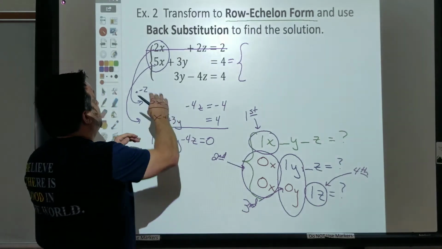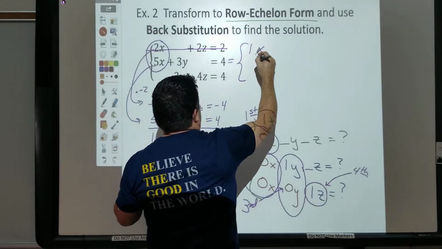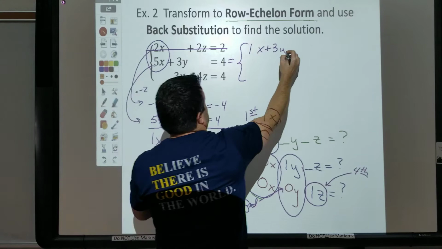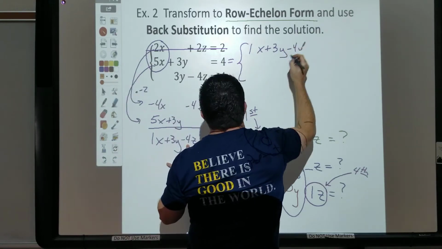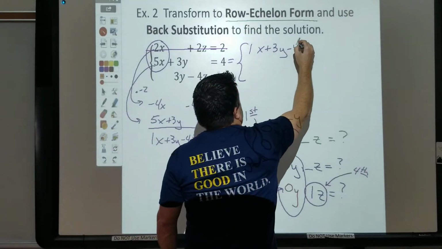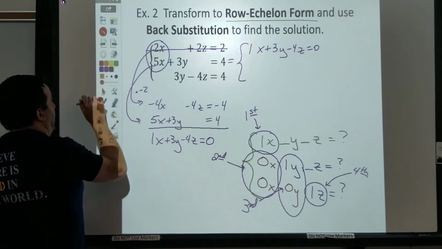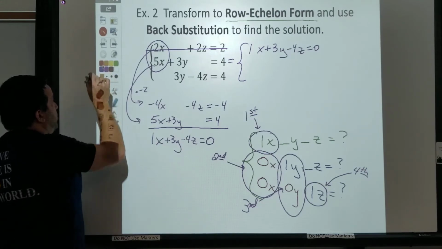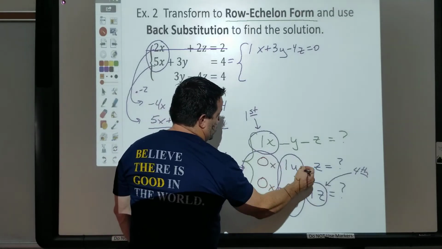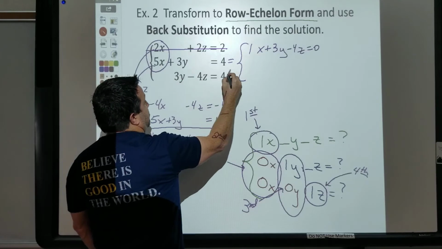So I'm going to replace this top equation with the new equation I have, which is 1x plus 3y minus 4z equals 0. Now, I'm thinking ahead, because I need this equation here to have y and z without an x, this equation right here fits the bill for that.